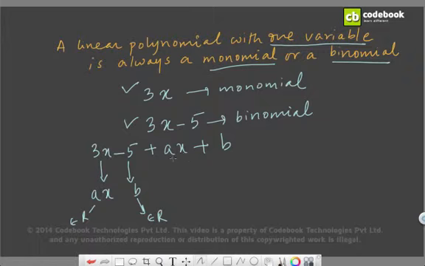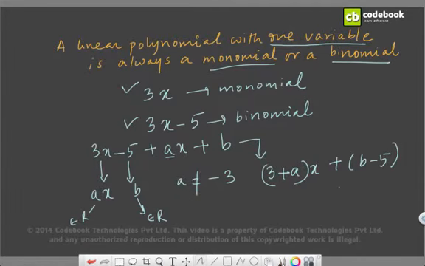You also have to be careful: a cannot be equal to minus 3. In that case, if it is minus 3, the first degree terms get cancelled out and it's no longer a linear polynomial. So for any values other than minus 3, we can always simplify this expression to (3 plus a) times x plus (b minus 5).